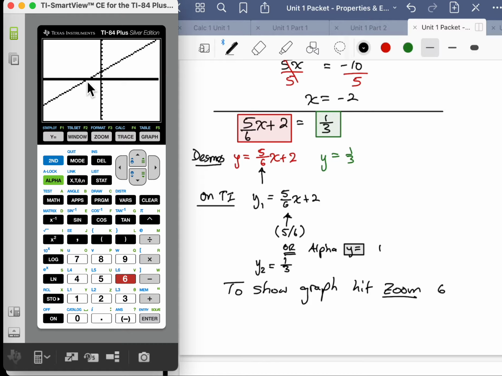But it'll get the job done. Once you become comfortable with it, it becomes second nature. So you're going to hit second trace, 5, and then hit enter 3 times. Enter, enter, enter. This gives us the intersection.